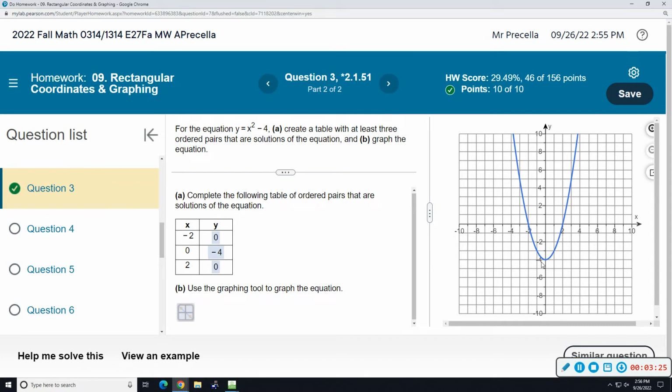The point where the graph changes directions is called the vertex. We're going to get a very nice little formula that we can use to determine the location of the vertex. But that'll be in a couple of weeks when we look at graphs of quadratics in more detail. Any questions there?